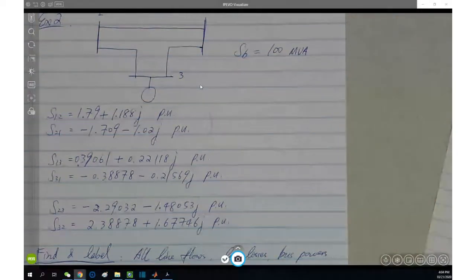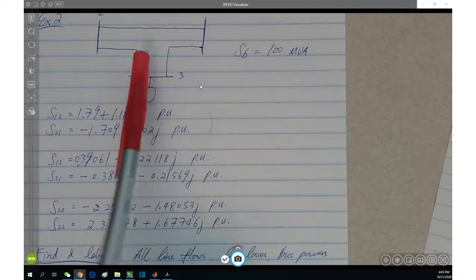So you don't need to calculate any line flows. Instead, you're trying to find line losses and bus powers based on the given line flows. It's doable. If everything makes sense to you, you should be able to do this. Then also try to label them all into the given network diagram.